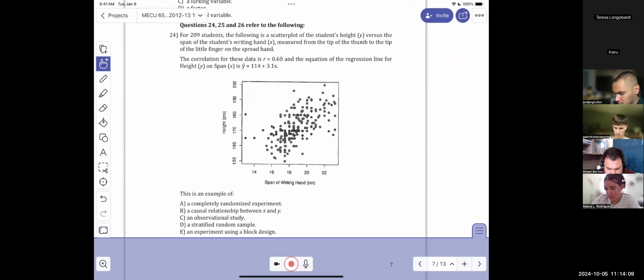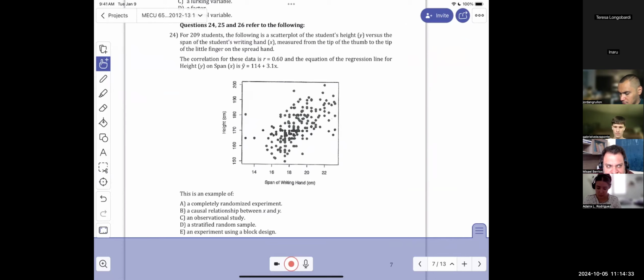Okay, so I'm going to take the question over here. For 209 students, the following is a scatter plot of the students' heights versus the span of the student's writing hand, measured from the tip of the thumb to the little finger on the spread hand.